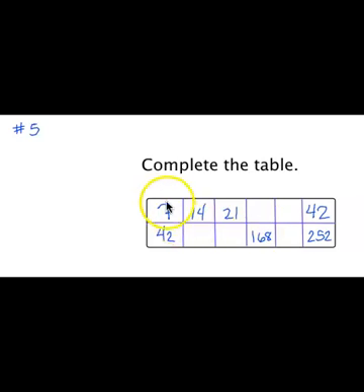Let's see. I've got 7 and then 42. Down here I have 42 and 252. Interesting that these numbers are the same. I wonder if that means anything. Well, our first job is to figure out how we got from 7 to 42. Okay, well, we could say 42 minus 7. Maybe we added. 42 minus 7, what did we add? 12, take away 7, that's 5. 3 take away nothing is 35.